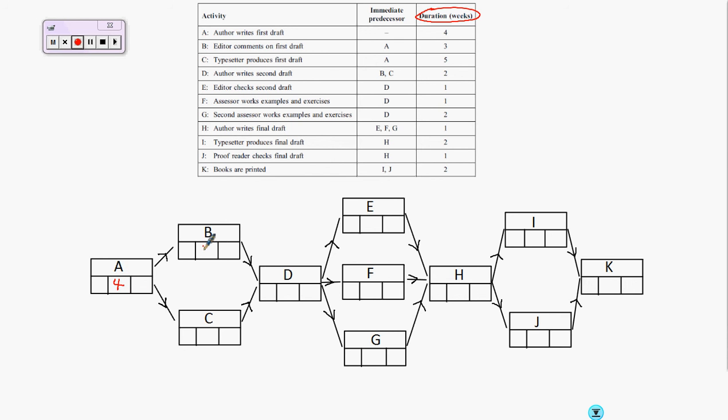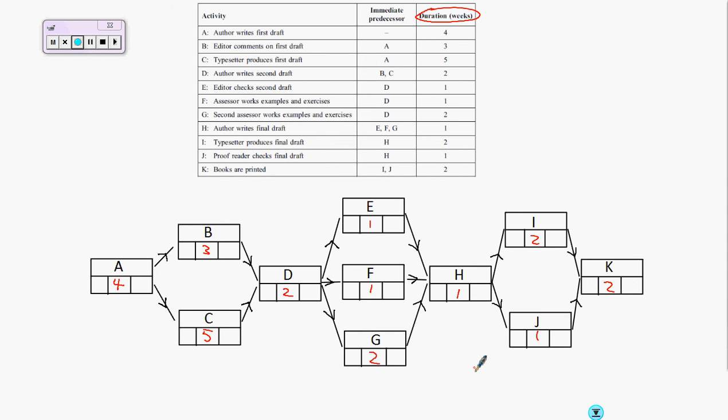B has duration 3, C has duration 5, D has duration 2, E is 1, F is 1 and G is 2, H is 1, I is 2, J is 1 and then K is 2. So here I have my completed activity network now.